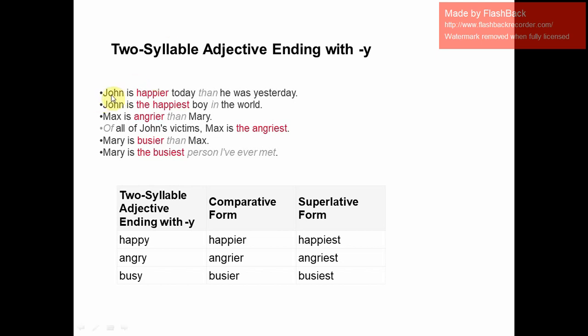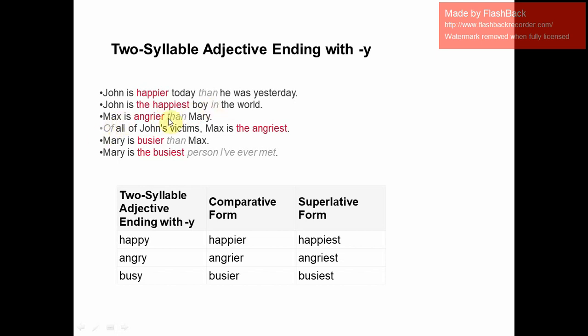So for example, John is happier today than he was yesterday. So here I change the y into i, then I add er to make a comparative sentence. John is the happiest boy in the world. Okay, here I also change the y into i, then I add est.